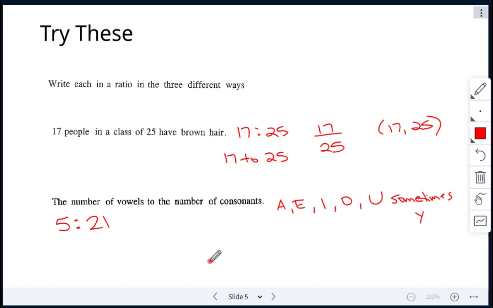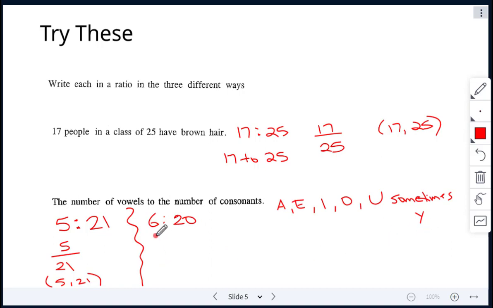So it would be 5 to 21, which we would then write as 5 over 21 or (5, 21). Those are the 3 methods. This is the ratio method. But sometimes we can include Y, so that would make it 6 vowels. So that would be 6 to 20. All right, that's if we're including the Y.